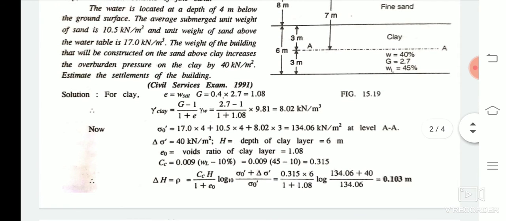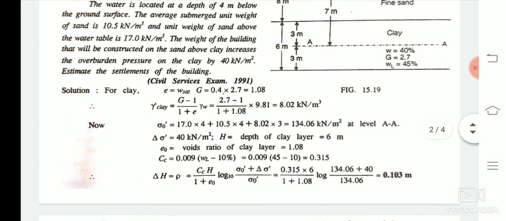So here the specific gravity G is given as 2.7, minus 1, divided by 1 plus the value of e, which we found as 1.08, multiplied by the unit weight of water, that is 9.81. So we can find out the submerged unit weight of the clay as 8.02 kilonewton per meter cube.